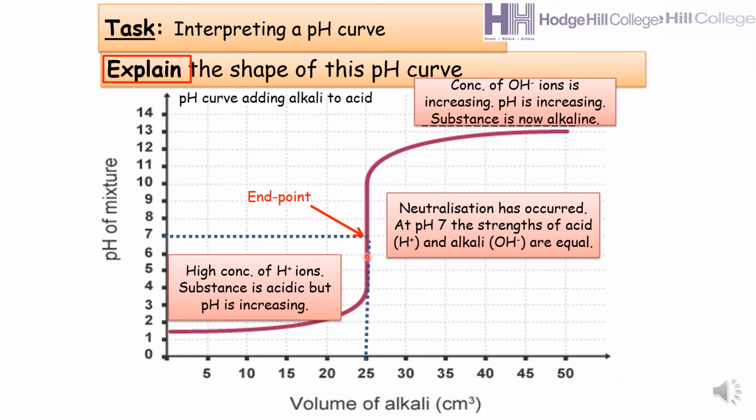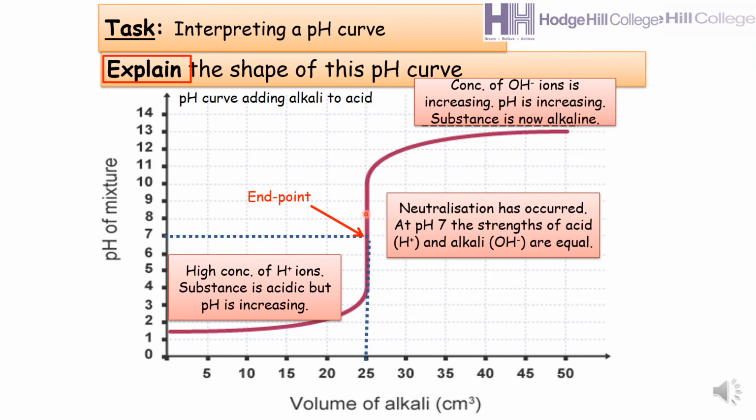Eventually you come to neutralization, which is the same for both graphs. Neutralization has occurred at pH 7. The strengths of the acid and alkali are equal, so you've got the same concentration of H plus and OH minus ions, and hence the endpoint.